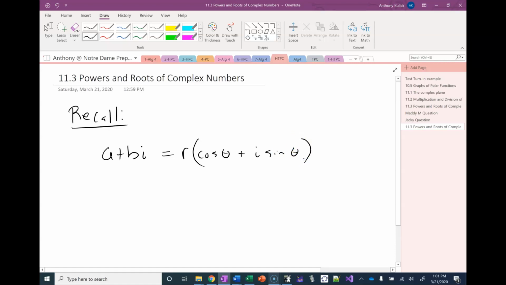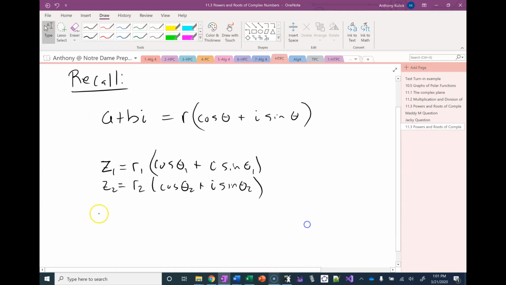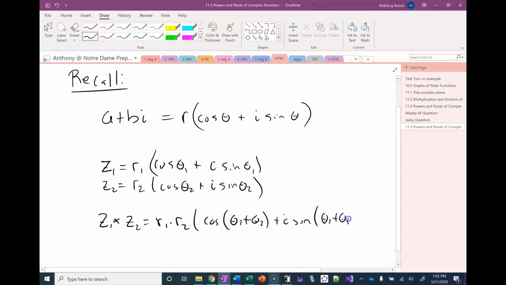So we saw in the previous section that if I take two complex numbers, say z1, which is equal to r1 cosine theta 1 plus i sine theta 1, and z2, which is r2 cosine theta 2 plus i sine theta 2, then z1 times z2 is going to equal r1 times r2 cosine of theta 1 plus theta 2 plus i sine theta 1 plus theta 2.